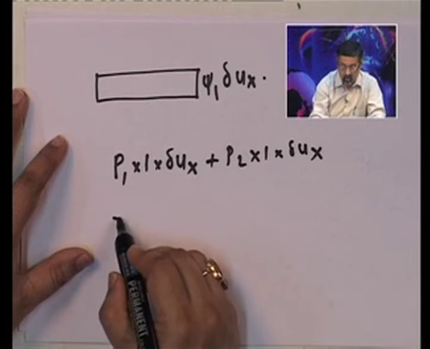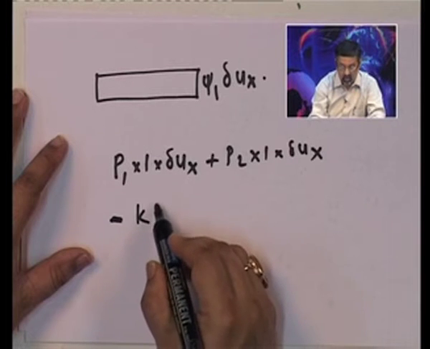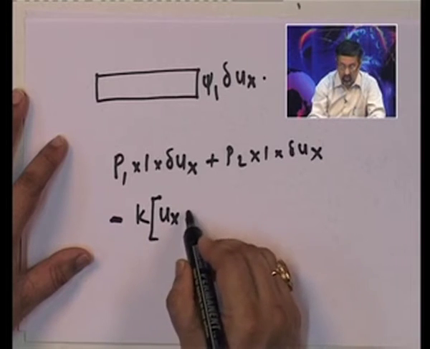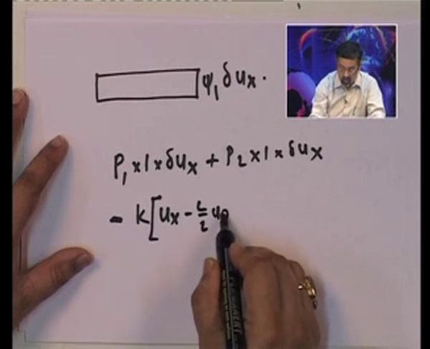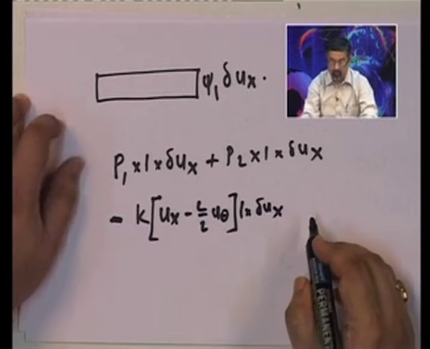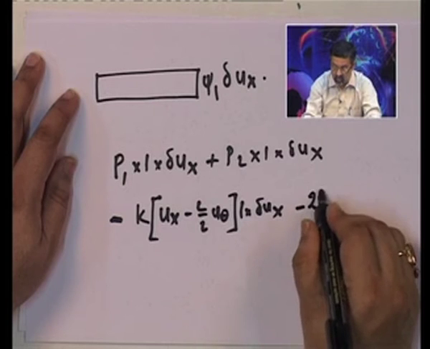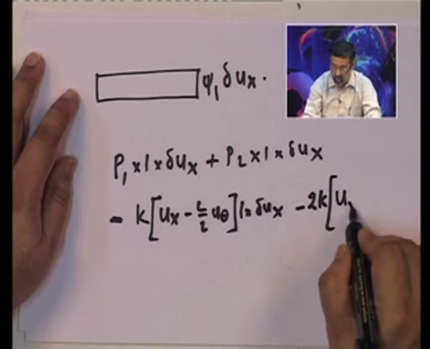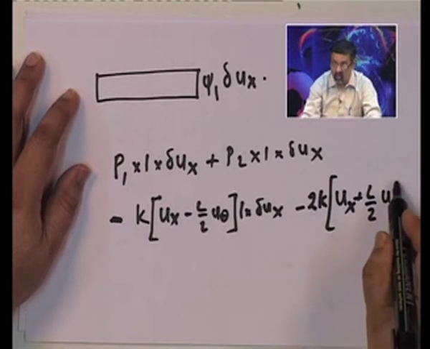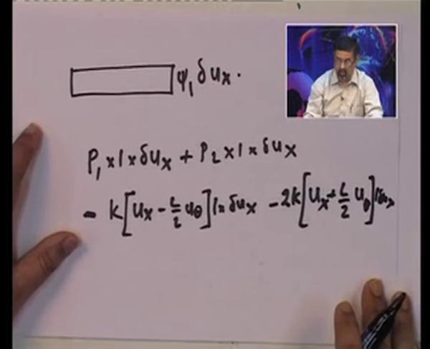Then I have minus, because these are negative work, k into u x minus L by 2 u theta into 1 into delta u x. Then minus 2k into u x plus L by 2 u theta into 1 into del u x. That is also the kind of thing.